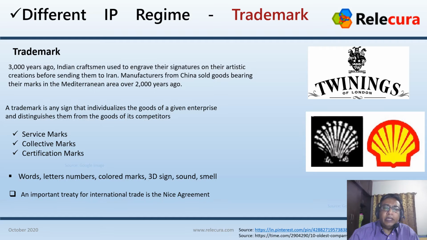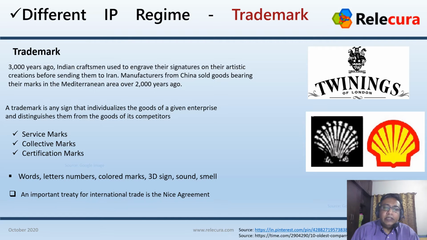Now, trademarks can be of different types. They can be service marks, collective marks, or certification marks. Service marks are the marks which deal with services like rental cars or airlines. So these are the services that they have created, and if they want to protect them with a trademark, they will register it under a service mark.